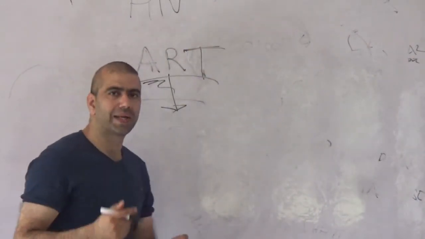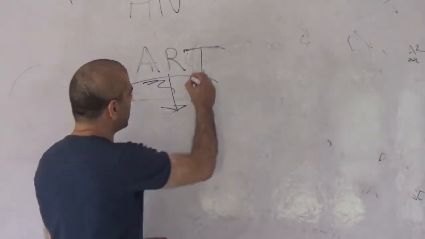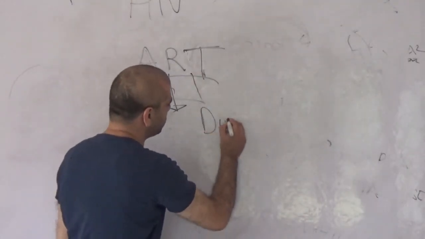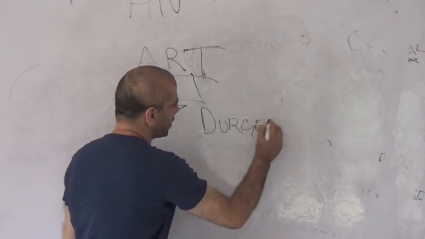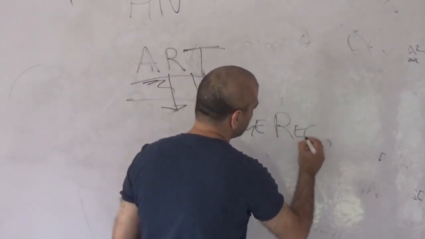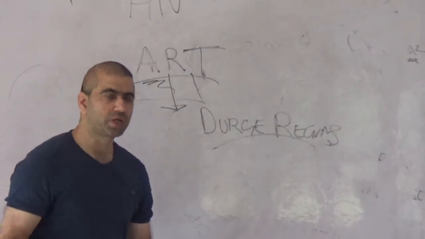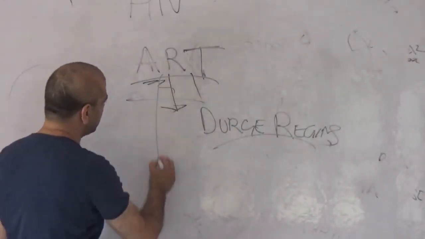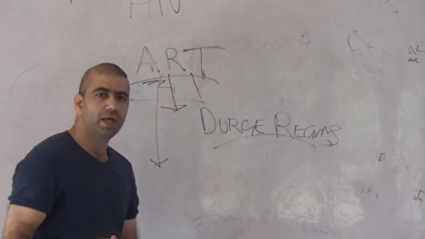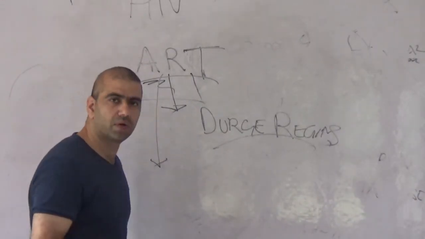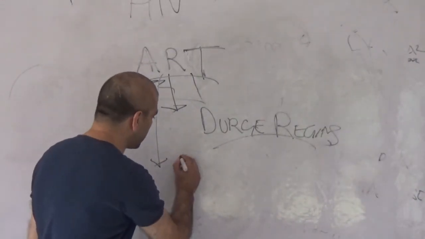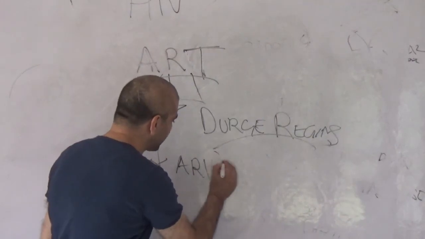This antiretroviral therapy consists of a drug regimen. Again, just like your tuberculosis, we need a drug regimen. One single drug is not going to help in case of your HIV infection. So in this antiretroviral therapy, mostly you will have different kinds of antiviral drugs. They are called ARVs, antiretrovirals.